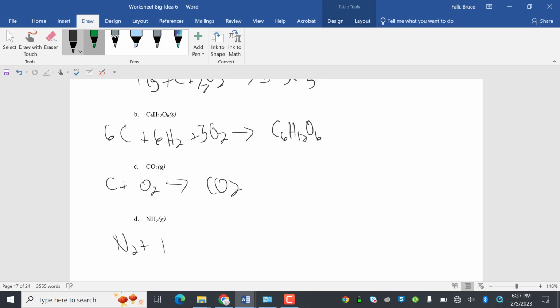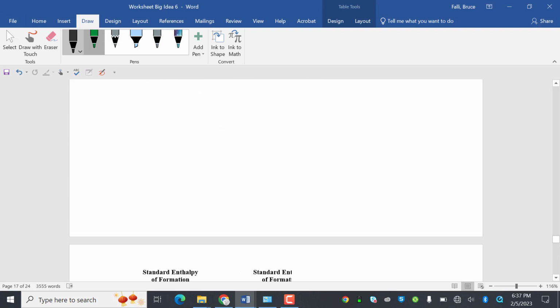N2 plus H2 yields NH3. Throw a 2 in there. Oh no, I can't put a 2 in there. I have to have a 1 for my coefficient: 1 half N2, and then this would be 3 halves H2. Okay. All right. Nice and patient.